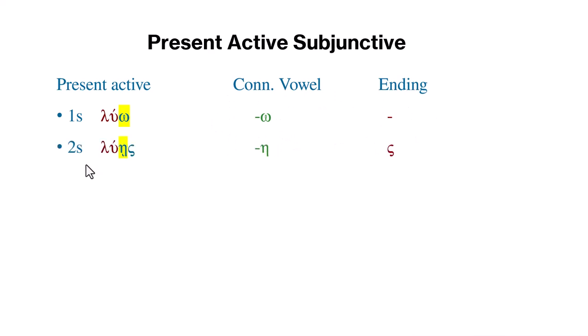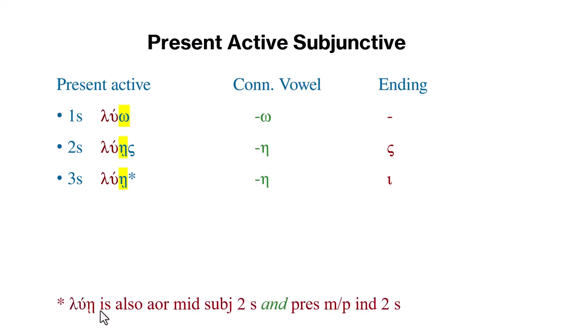Then for the second singular, we have lueis, and so the connecting vowel is eta rather than epsilon. For the third singular, we have lue, and we can note that this is also the aorist middle subjunctive second singular, and it's also the present middle passive indicative second singular.